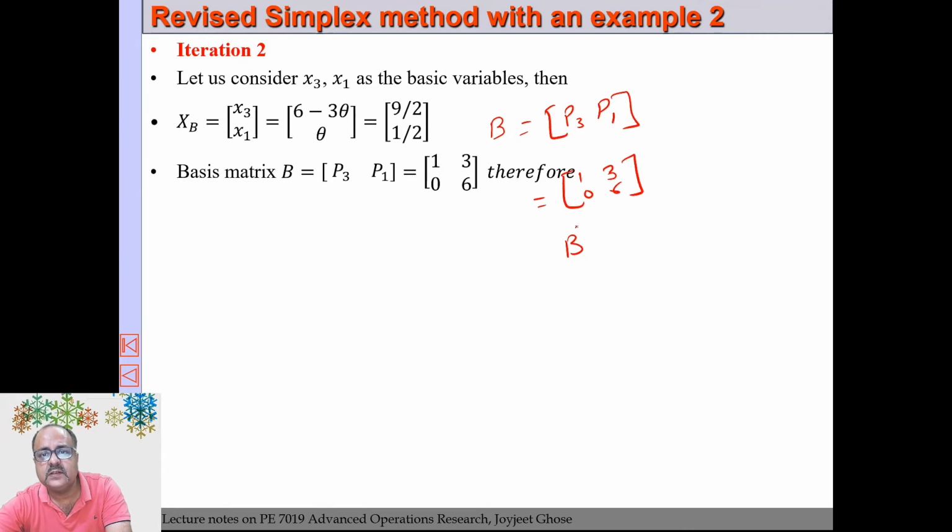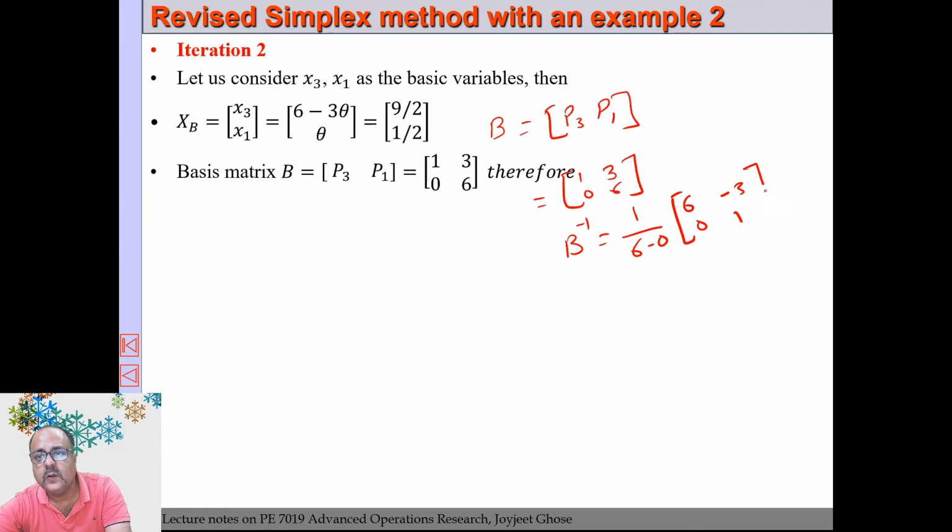So B inverse will be equal to 1 by 6 minus 0 is equal to 6, 1 minus 3 0. So this gives us 1 minus half 0 minus 1 by 6.